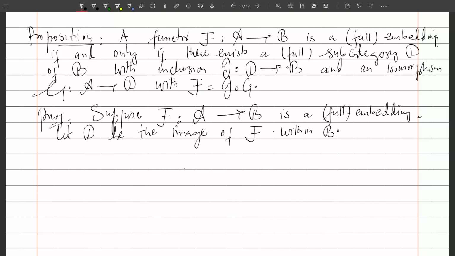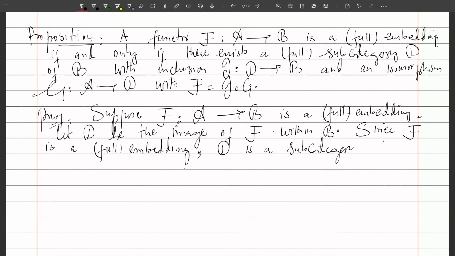Since this F is a full embedding, that means D is a subcategory of B. So if that is the case, we have an inclusion from D to B.